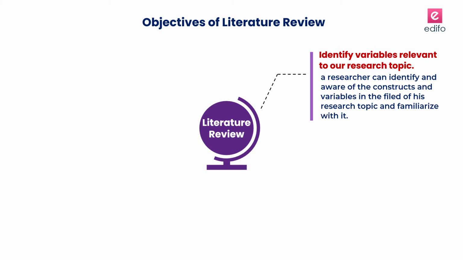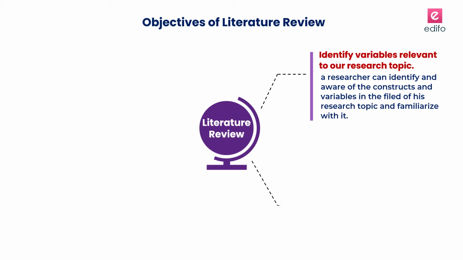He can also detect the important and unimportant variables for his study. Through a proper review of literature, a researcher can select appropriate variables for his research, and it will help to formulate a researchable problem in his area of study.